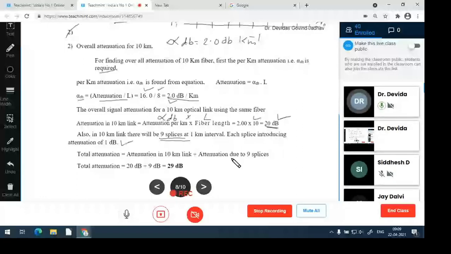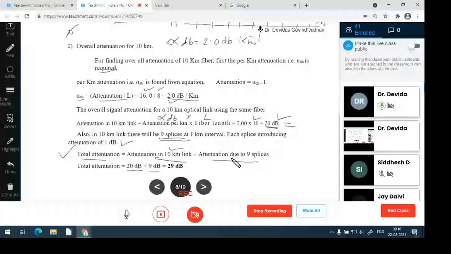So now we can calculate 10 kilometer fiber total attenuation as attenuation in 10 kilometer length and attenuation due to 9 splices. Attenuation due to fiber in 10 kilometer length is 20 dB. Okay. So here we have calculated fiber attenuation for 10 kilometer, and attenuation due to 9 splices will be 9 into 1 dB. 9 splices will be 9 dB.